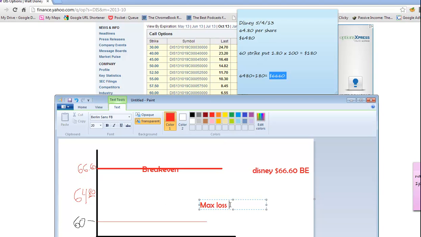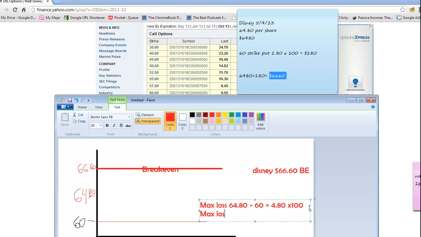So the most I can lose is the difference in price. Maximum loss is $64.80, because that's how much I bought the stock for, times 100 of course, minus my put option strike, which is 60. So my maximum loss will be $4.80, or in this case, times 100, $480.